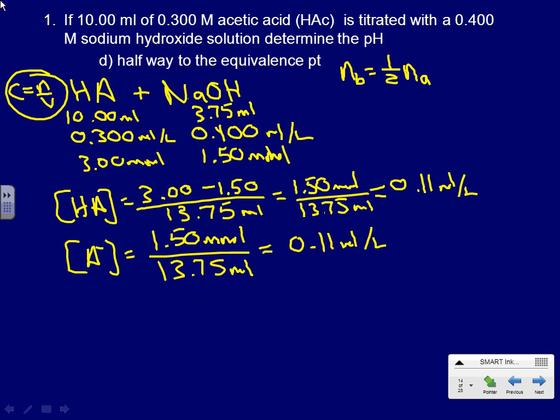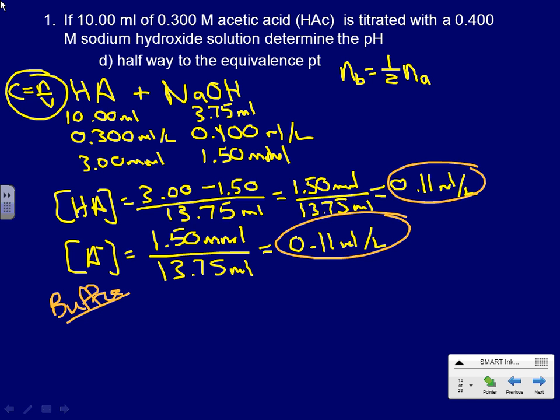Now that's very important. Again, notice we've got weak acid, weak base. This is a buffer scenario again. We're in the buffer zone. We're actually right in the middle of the buffer zone. And if I use the equation for an acid buffer, that is going to be equal to the Ka, concentration of HA over the concentration of A minus.